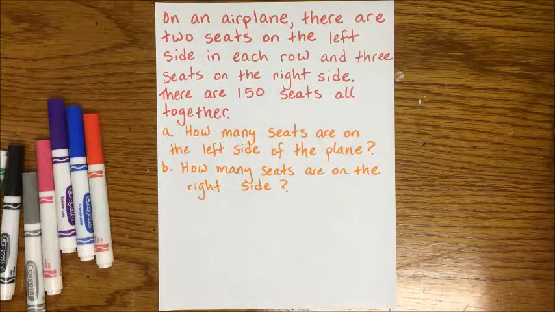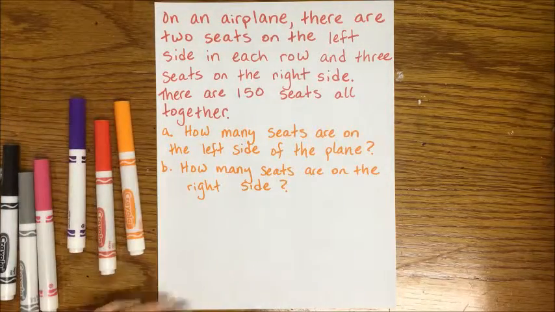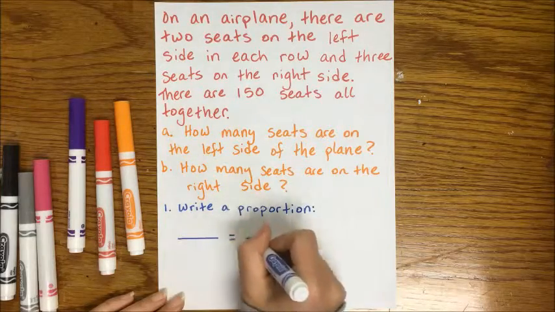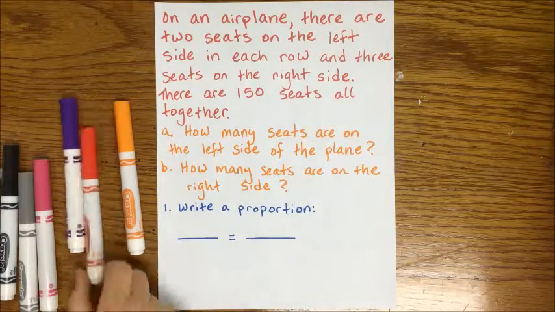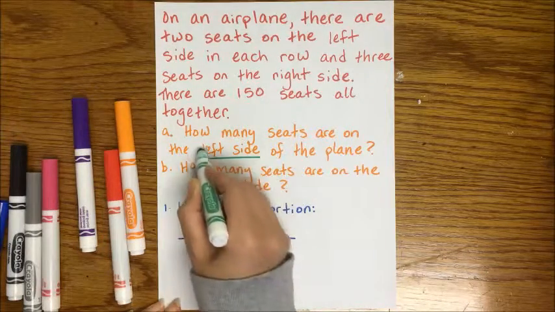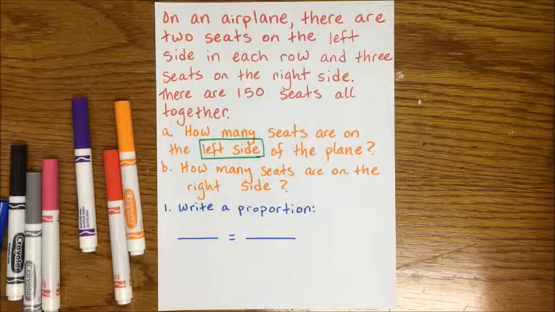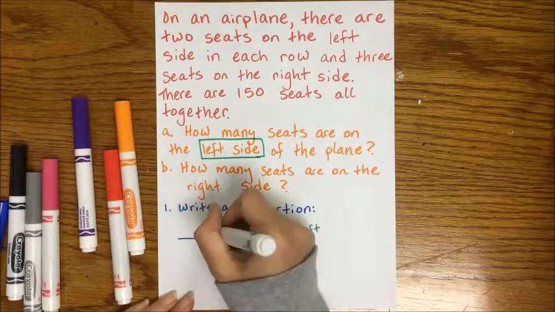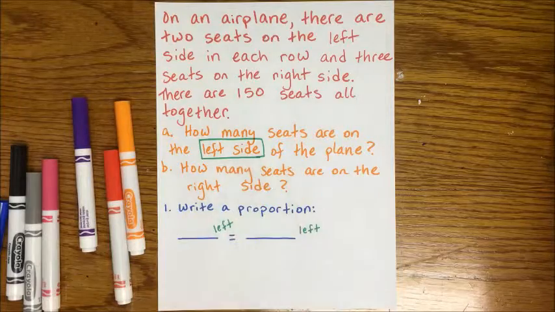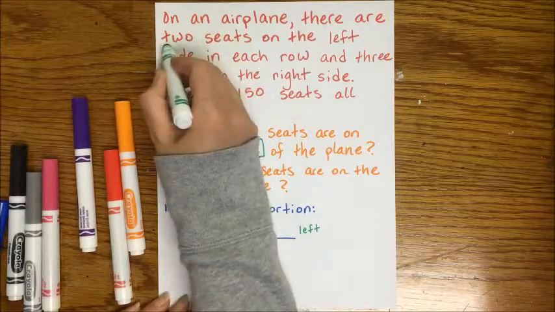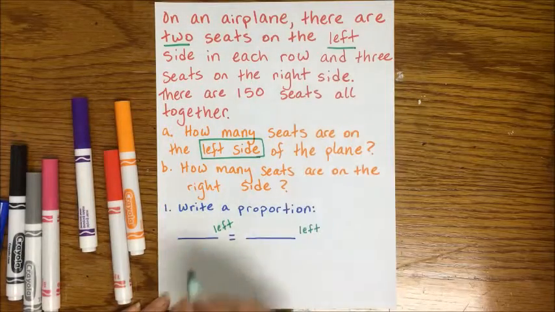Again, this problem can be organized by writing a proportion and comparing two equivalent ratios. Looking back, you want to look at what you're solving for first. We want to find out how many seats are on the left side of the plane, so we'll label our proportions like this. The second thing we're looking for is how many seats are on the left.